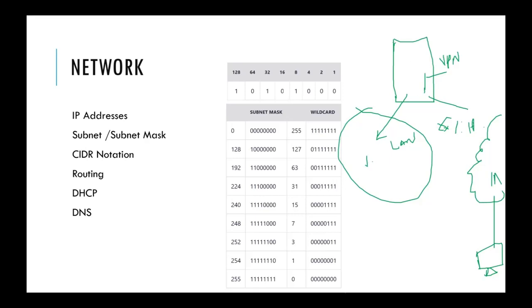So when you can't specify two default gateways on the same network interface card, else you confuse the server.